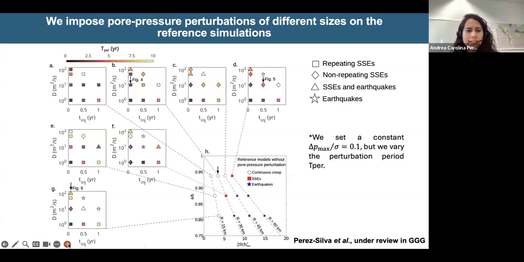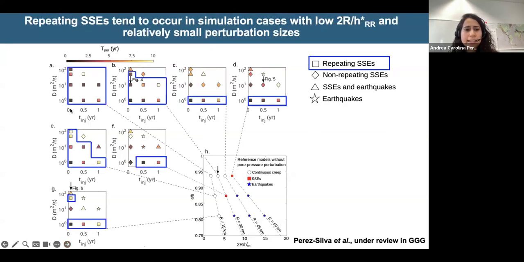To highlight again, repeating SSEs refer to the case where SSEs are induced at every perturbation and they have similar properties. So we basically induce the same event periodically after each perturbation.